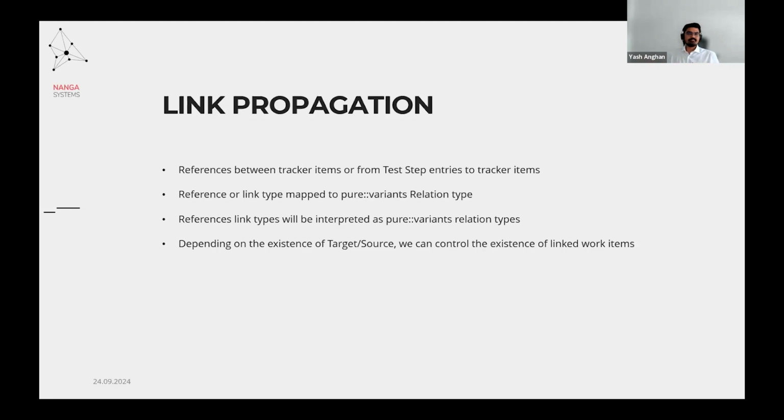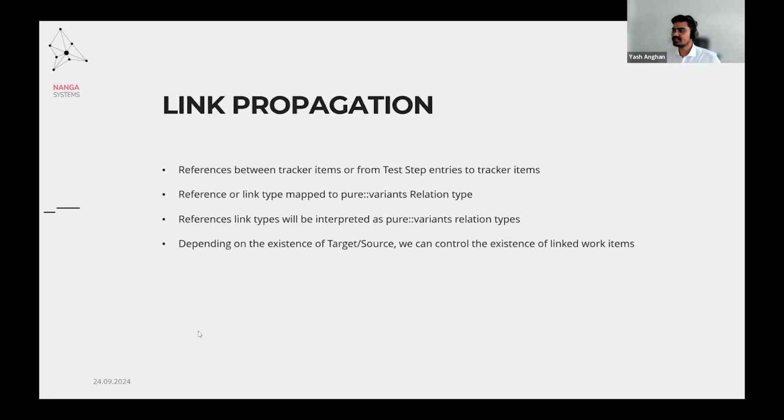With pure::variants, if those requirements are not part of the variant, then the test cases will also be removed with the help of link propagation. It clearly depends on the existence of target and source: if the source is not there, the target is also detected as needing to be removed. So you don't need to specify those restrictions separately.